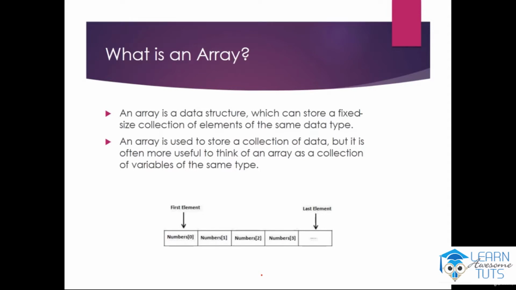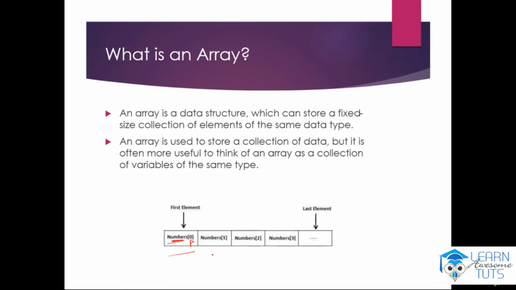So instead of declaring individual variables such as number1, number2, number3, up to number99, you can just declare one array variable, numbers, of integer type and use, for example, numbers[1] and numbers[0]. As you can see here, we can have an array called numbers, and here we can have an index that indicates which variable we are using.